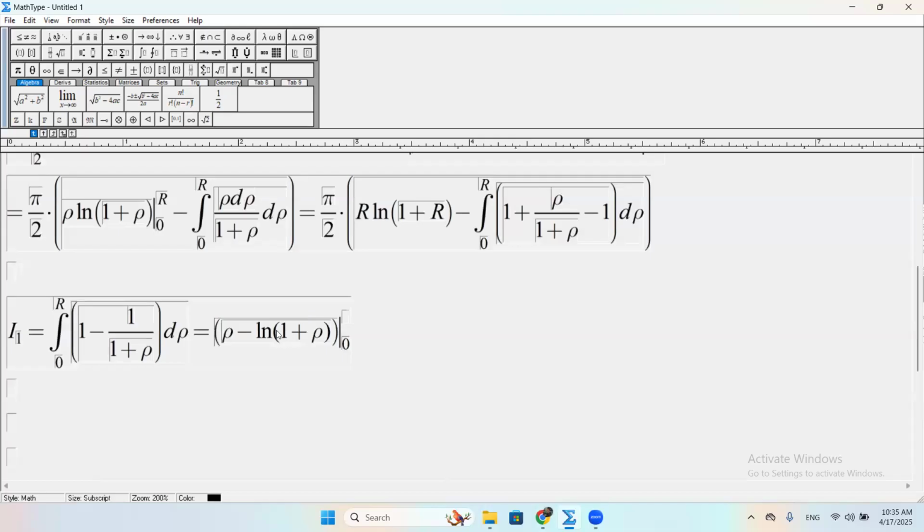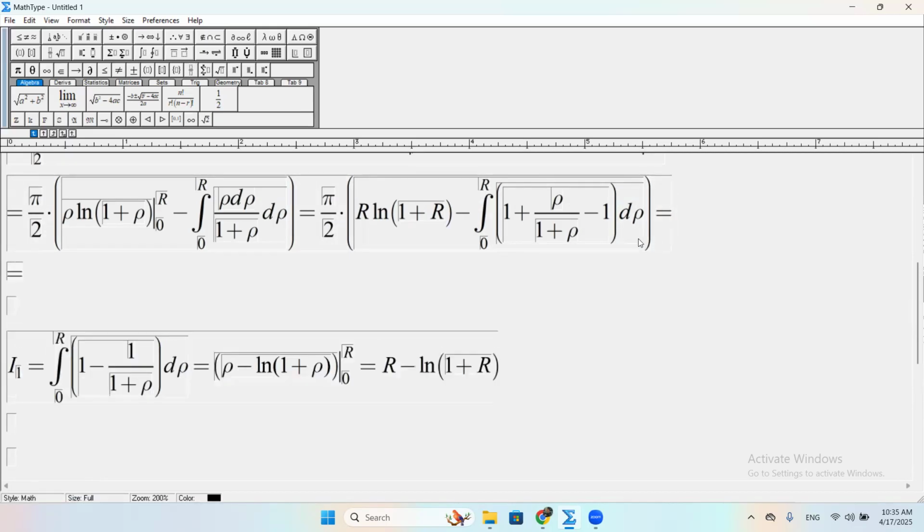I don't use the modulus here because we know that the argument of the logarithm in this case is positive. So r minus the logarithm of 1 plus r, minus 0. So we received this value.